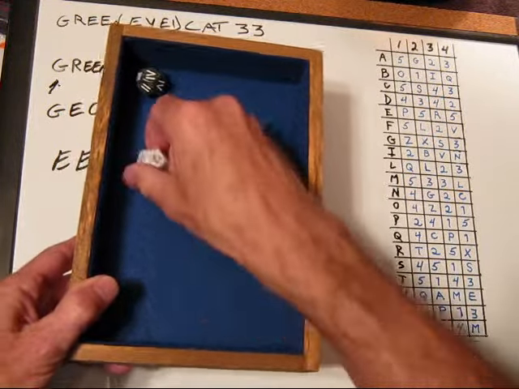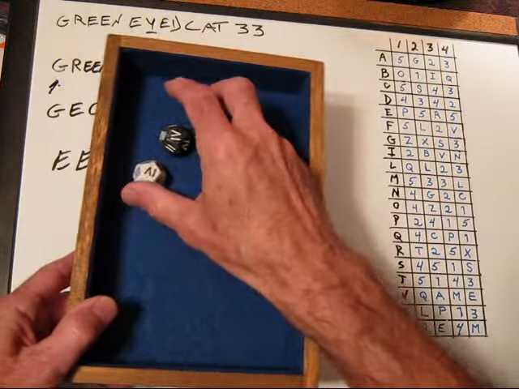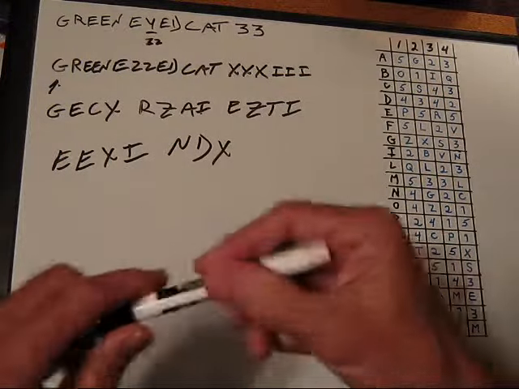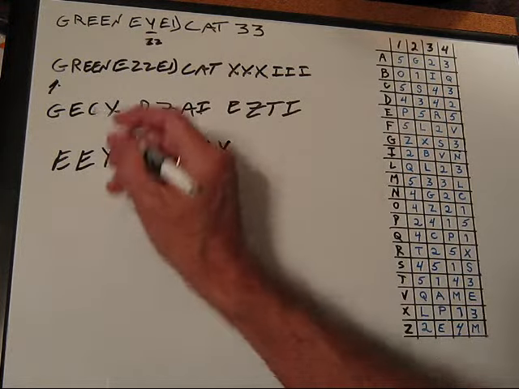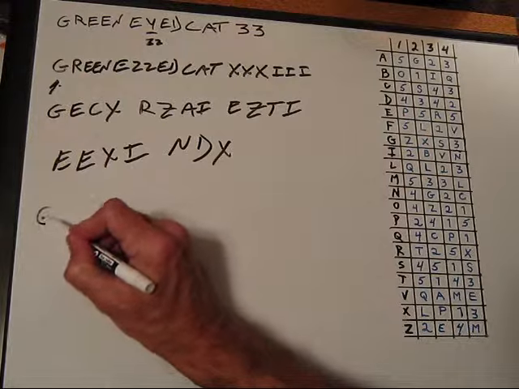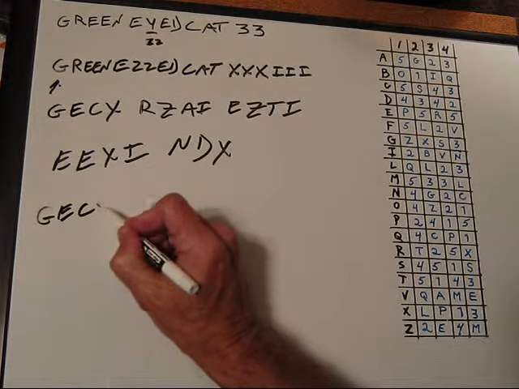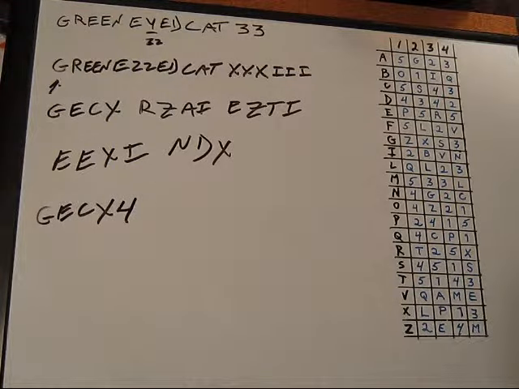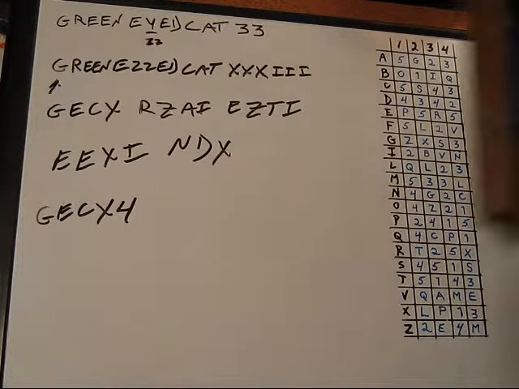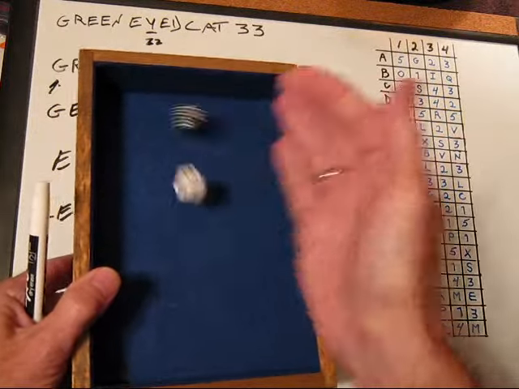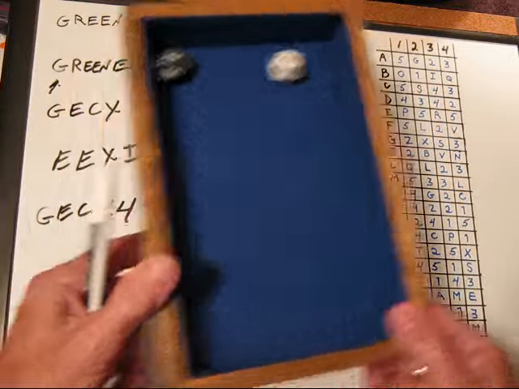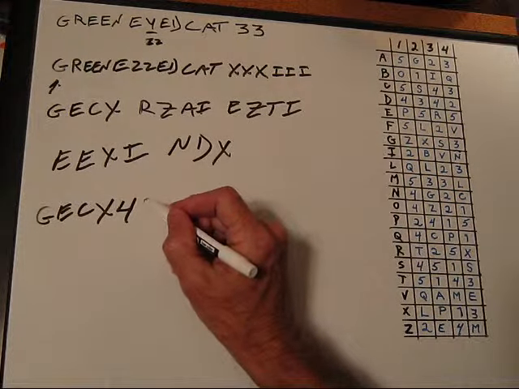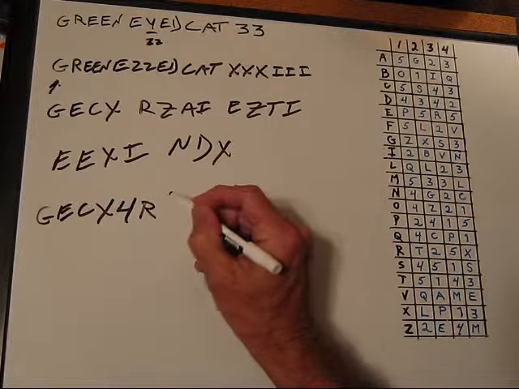It says go over 4 and put in a 4. I'm not all that thrilled with giving away 4 positions, but let's go ahead and do that. G, E, C, X, and then we're going to have a 4. Go over 1 and then do a 2. Go over 1. R. And do a 2.